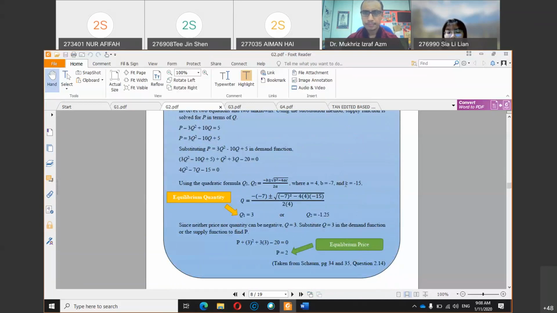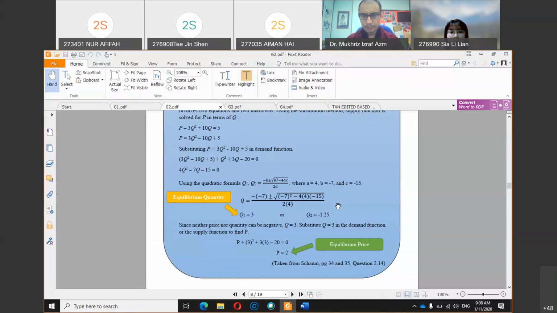We can use the quadratic formula to find the x-intercepts, which is negative b plus or minus the square root of b squared minus 4ac, over 2a. So we get the 2 x-intercept points, which are 3 and negative 1.25.